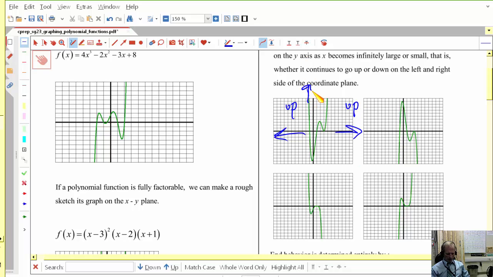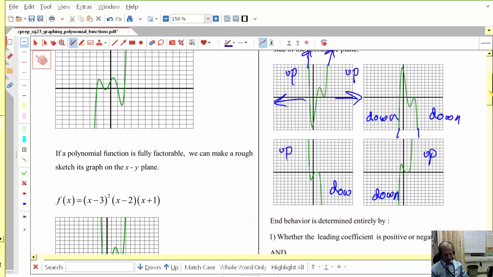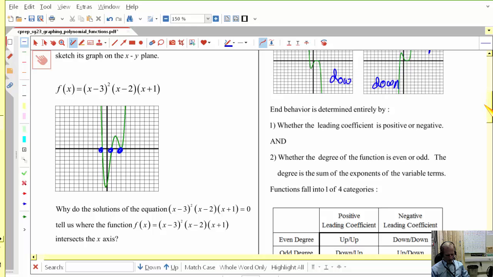That's because the curve ends up going up on the left and on the right as it approaches infinity and negative infinity. The second one would be down, down, because the graph keeps going down on both sides. This one would be up, down. This one would be down, up. So I think it's pretty obvious, hopefully, what I mean by that.